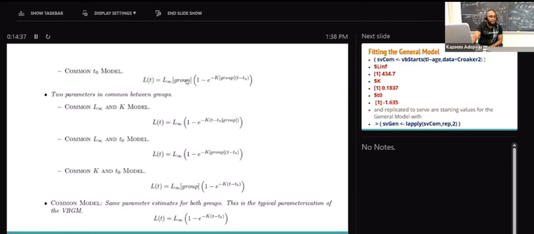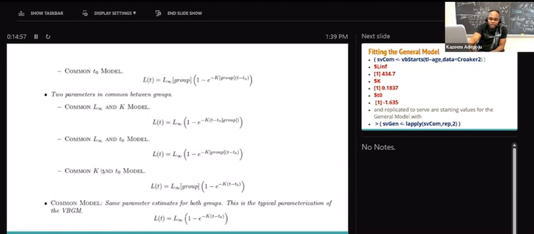What if I ask you to specify a model when we're comparing two groups using the Bertalanffy growth model, and I say one parameter is common? Now, another possibility is when two parameters are common. We're also going to have 3 possibilities.